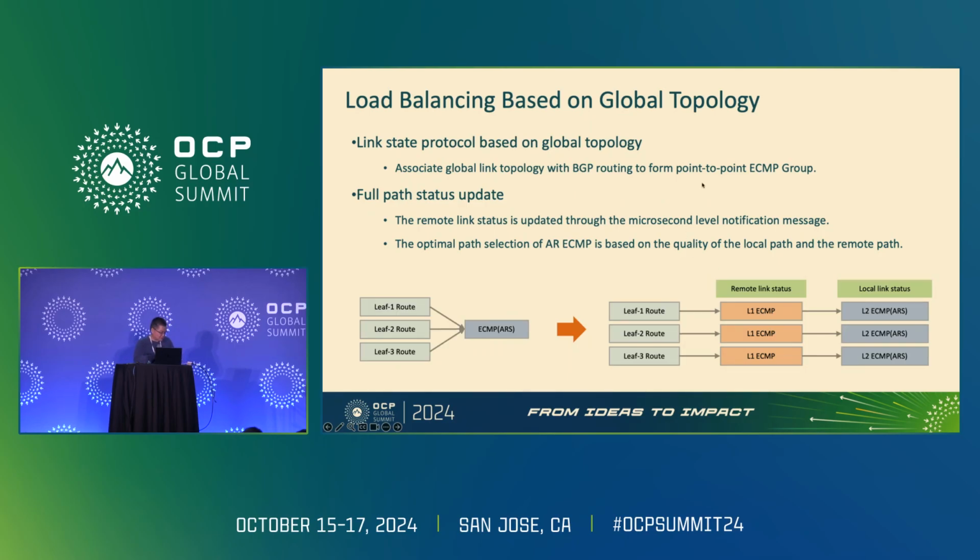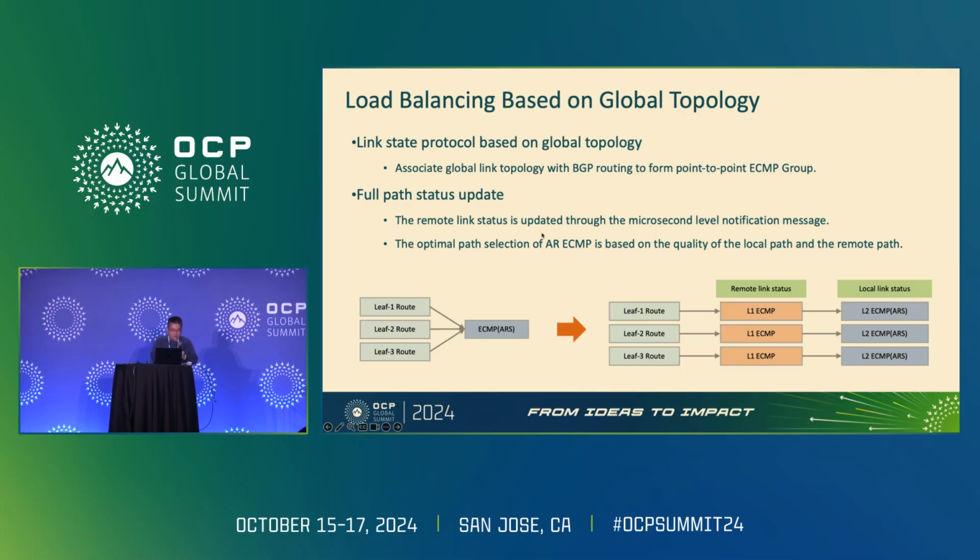So far we have discussed the three challenges and our way of addressing them. Now we talk a little bit about our implementation. To summarize, the whole idea is built around accounting for the remote link quality in the local forwarding decision. That will require enhancements in both control plane and data plane.